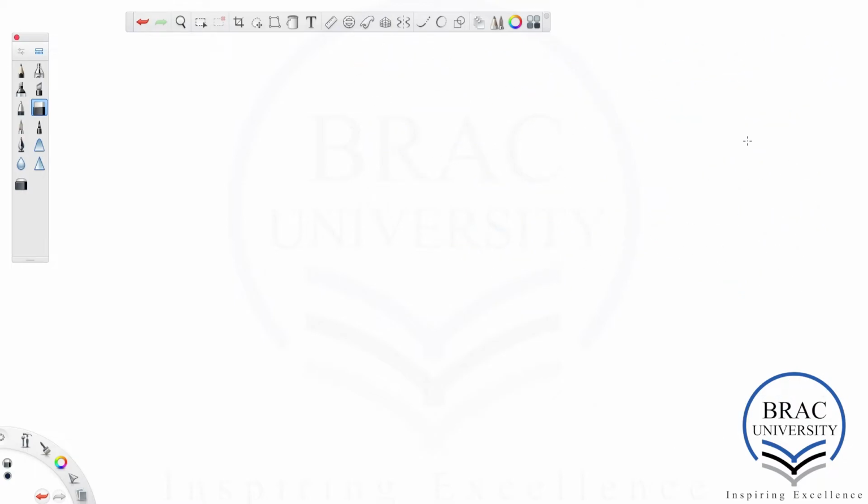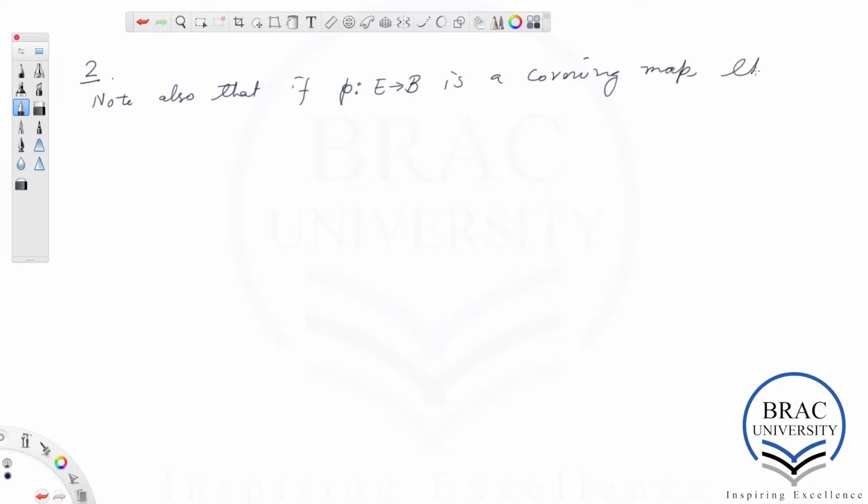Now the second fact, or the second property related to the covering map. Note also that if P from E to B is a covering map, then P is an open map.